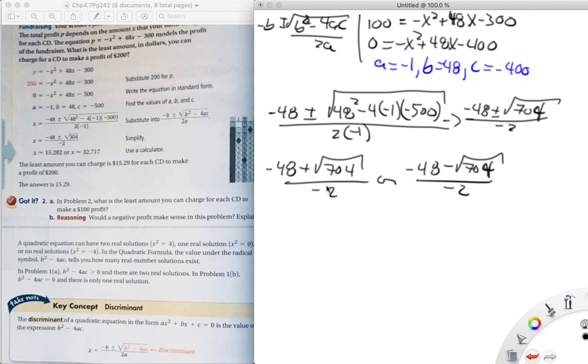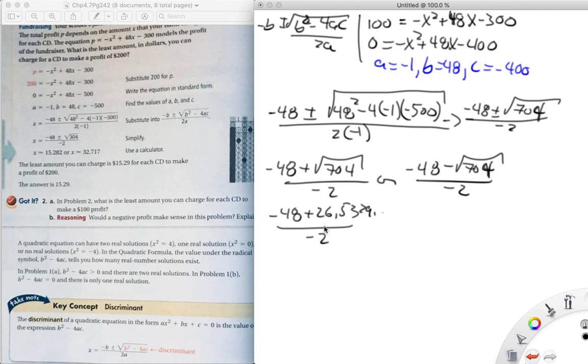This one I can't do in radical form because they want a dollar amount, so I actually have to do the decimal form. So this is going to be negative 48 plus 26.5329 and so on, over negative 2.